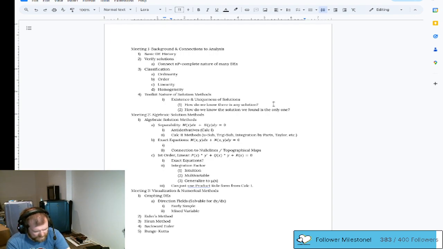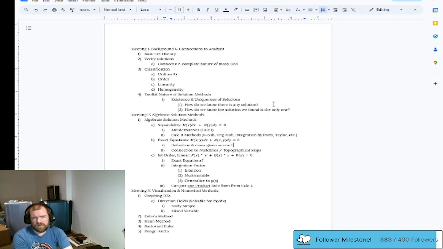So the exact equations, if we look at them, and they are, in fact, exact, we want to look at the definition, and those that are just given as, here's an exact equation, solve it.